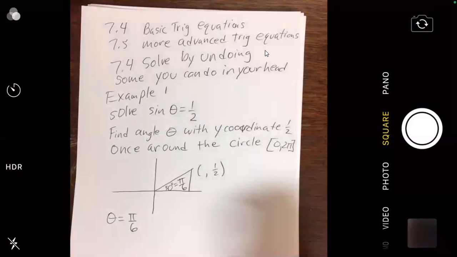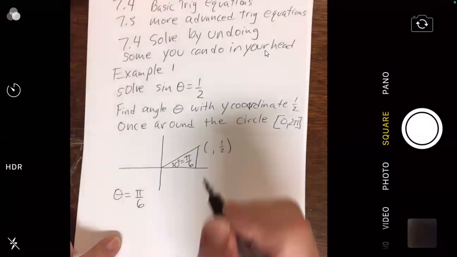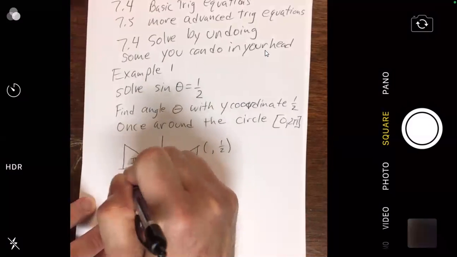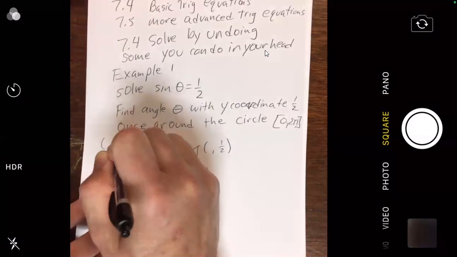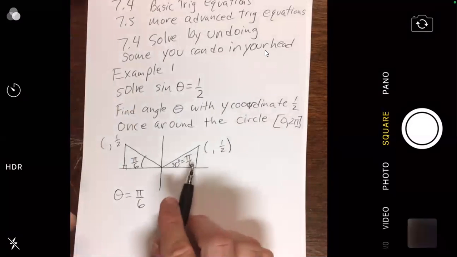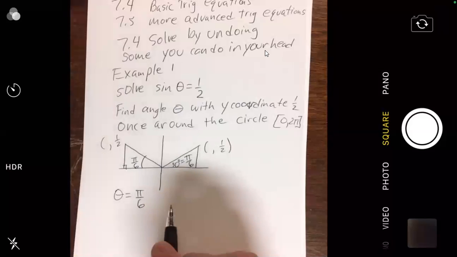Your calculator will not give you that direct fraction. The other spot where you're at pi over 6 is over here. And again, that y coordinate will be 1/2. The x coordinate is √3 over 2. We don't really care. That would be if you were doing cosine of theta equals √3 over 2. The answer would be the same.